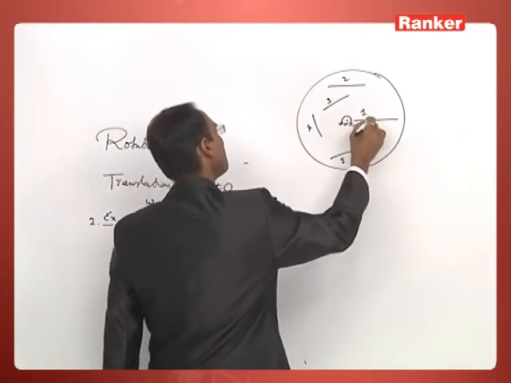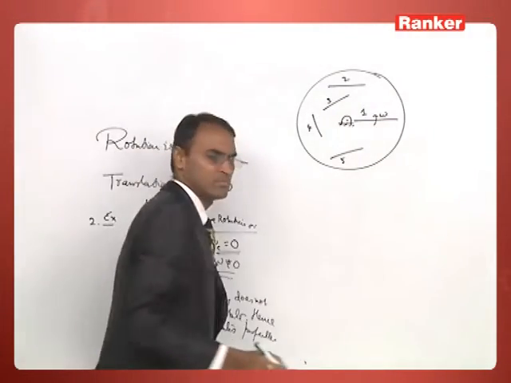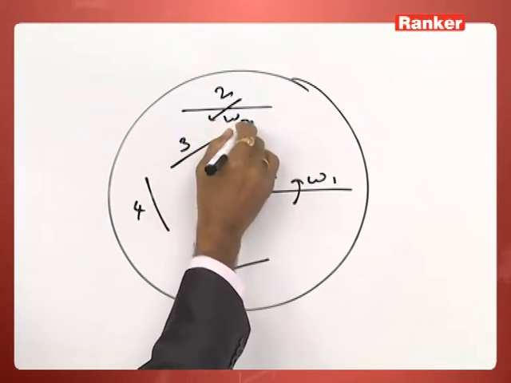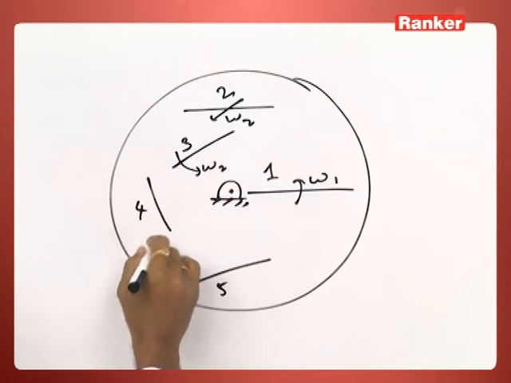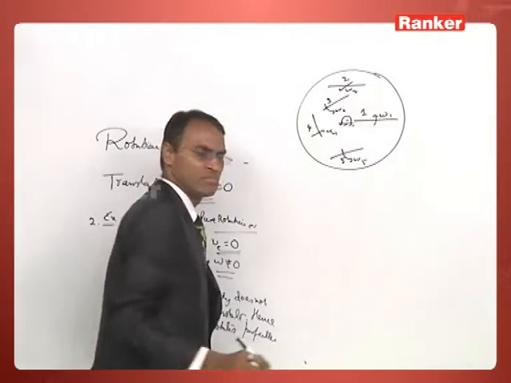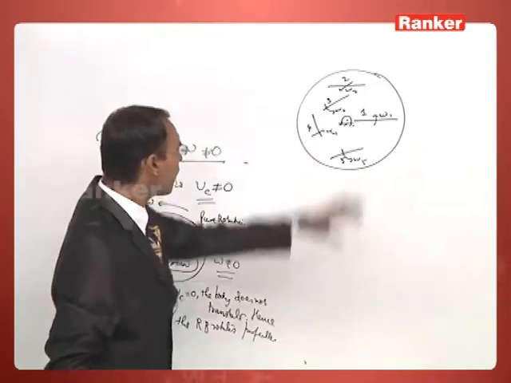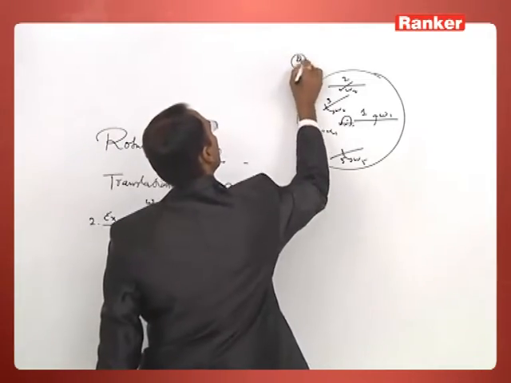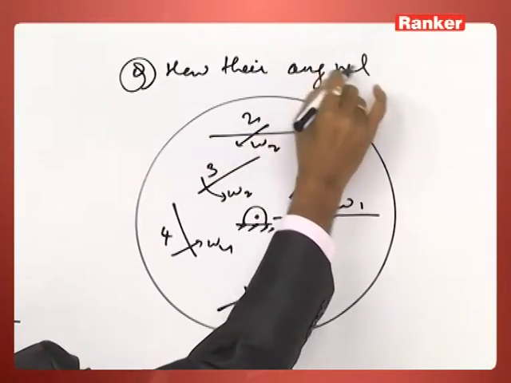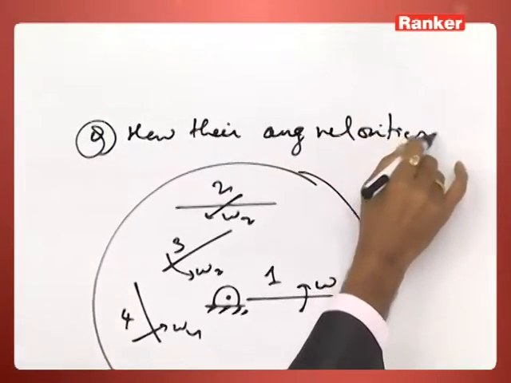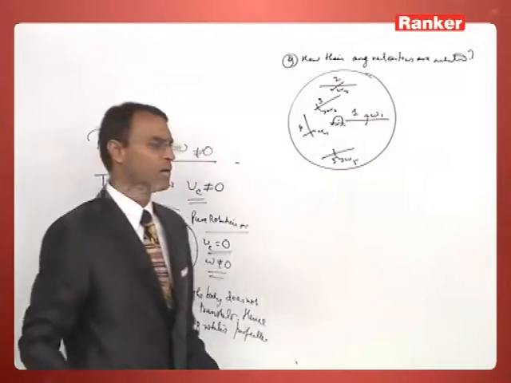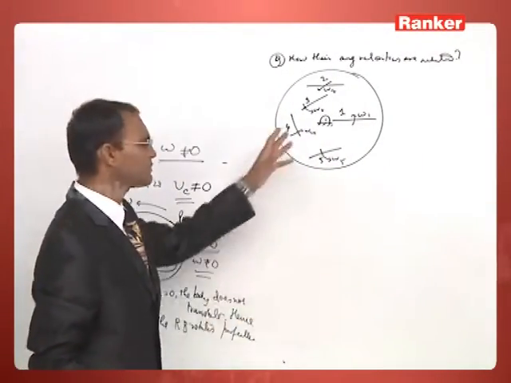If the line moves with an angular velocity omega 1, this line moves with an angular velocity omega 2, this line moves with an angular velocity omega 3, this line rotates with an angular velocity omega 4, this line rotates with an angular velocity omega 5. How are their angular velocities related? This is a common sense basic or conceptual question.